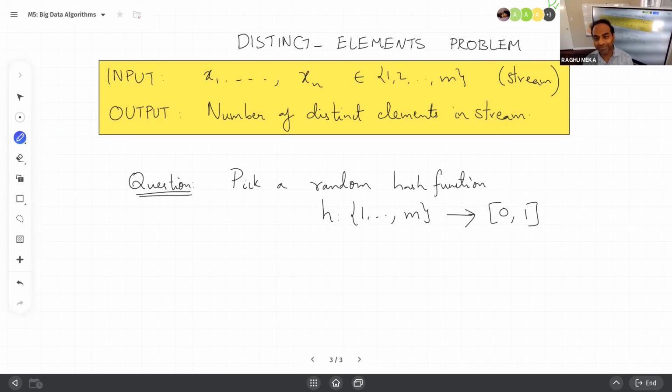Real numbers is just an overkill; you can do this with finite bit precision, but let's not worry about that. For each item, I'm just throwing out a real number. If you think of this as a 0-1 interval, then I'm picking out m random points here.